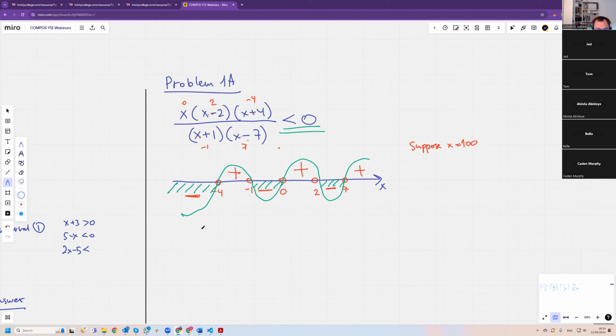And then just write down the answer. x is from -infinity to -4, from -1 to 0, and from 2 to 7. So it takes you about 35 seconds to do. The squiggly line is the hardest part.